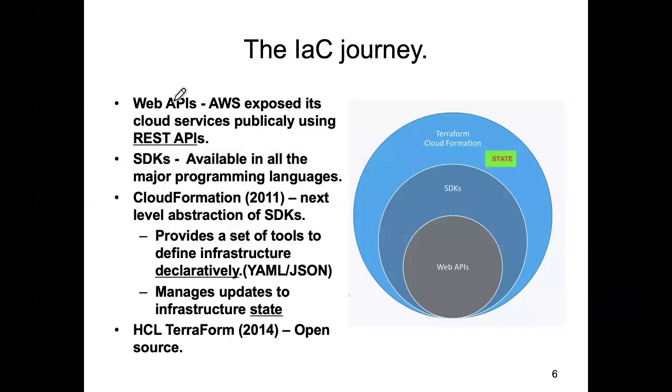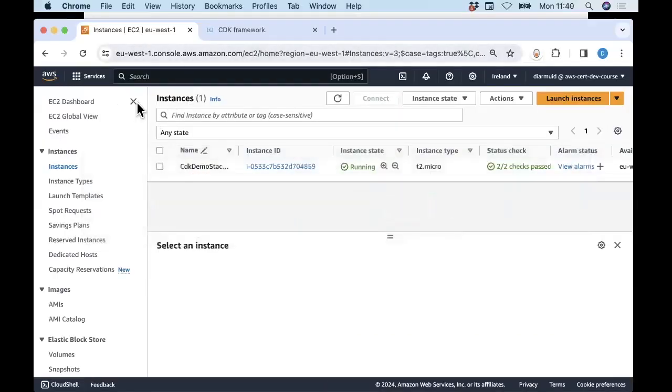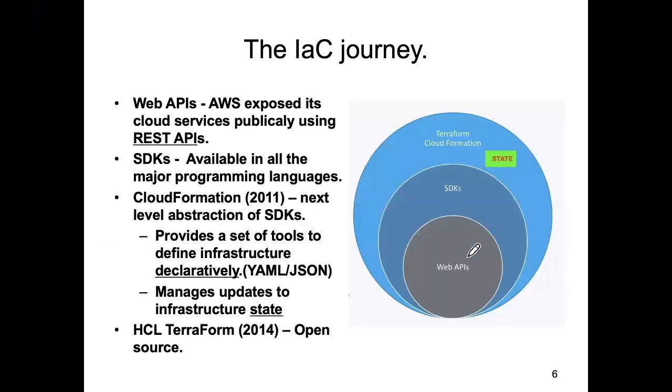But at least we could write code now to create infrastructure rather than doing it manually via the web front end. This is also, by the way, we also refer to this as the management console, the AWS management console. So in my diagram on the right there, I'm showing you that, first of all, we got these web APIs available to us, and that allowed us to do our scripting.